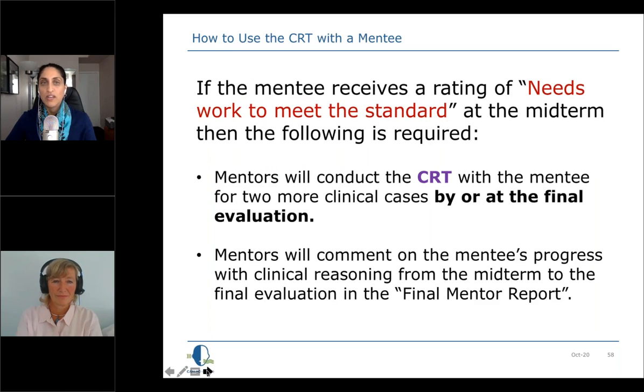If the mentee receives a rating of needs work, we do require you as a mentor to conduct the CRT with the mentee for 2 more clinical cases by or at the final evaluation. And you will also be commenting on the mentee's progress with clinical reasoning from the midterm to the final evaluation in the final mentor report.